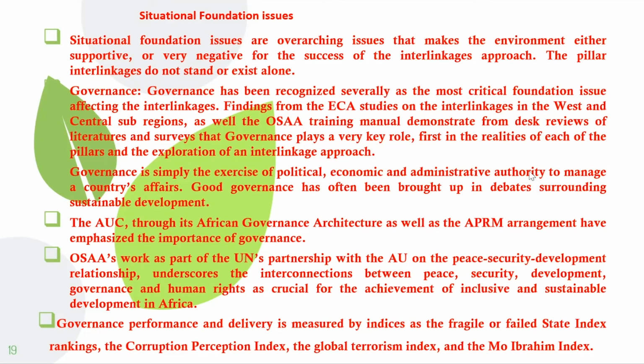Findings from the ECA studies on the interlinkages in the West and Central subregions, as well as the OSA training manual, demonstrate from desk reviews of literature and surveys that governance plays a very key role, first in the realities of each of the pillars and the exploration of an interlinkage approach.